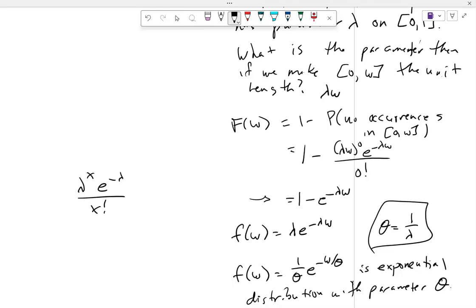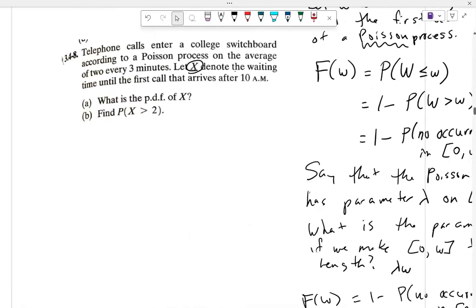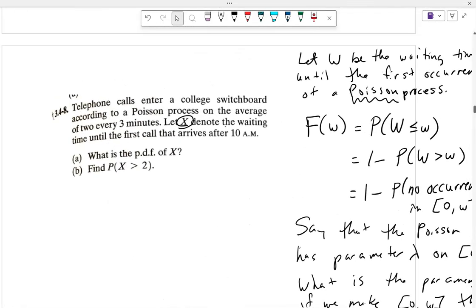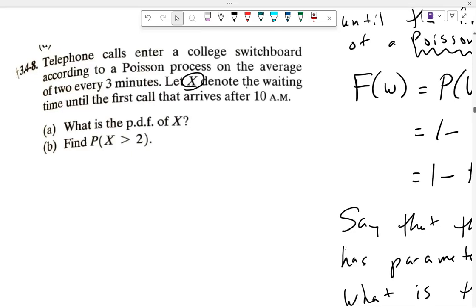That's why we write it this way typically for the exponential. All right, let's see if we can do this to answer the question. Then we'll come back and gather information about this particular distribution. All right, so let's go back up here. Telephone calls enter at a rate of 2 for every 3 minutes. X is the waiting time until the first call.